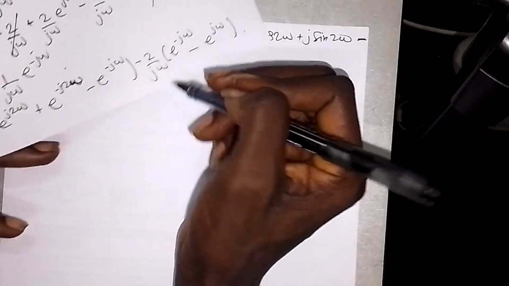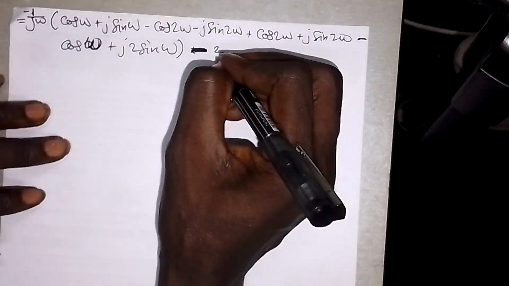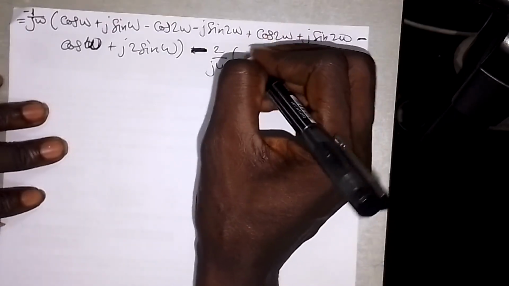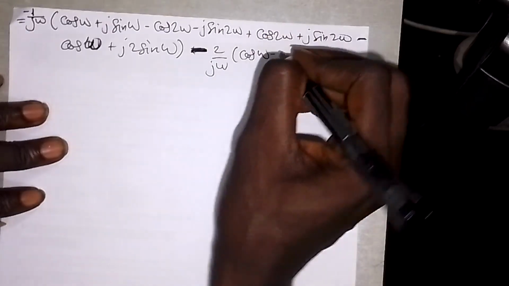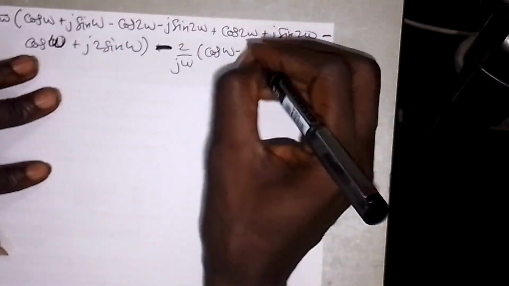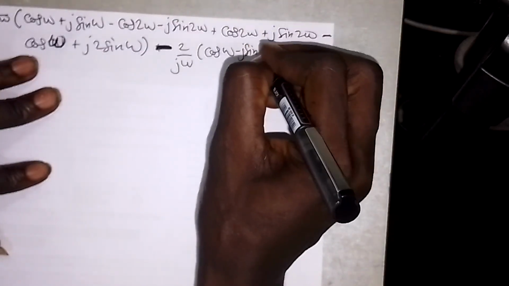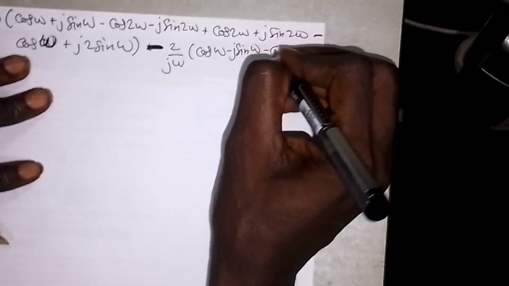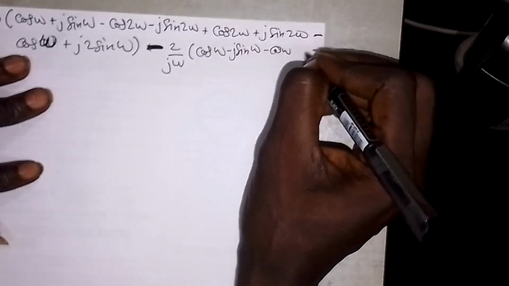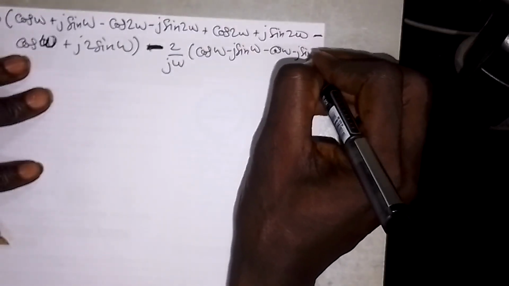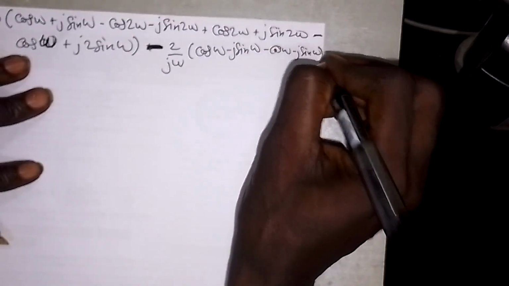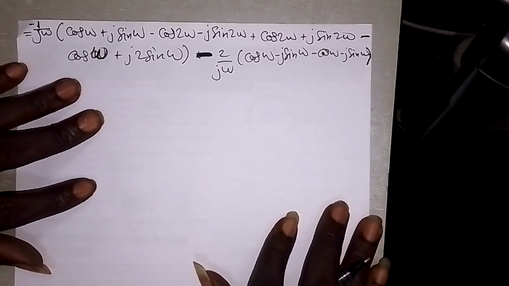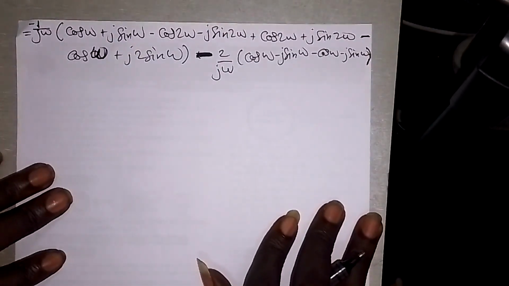So minus 2 on j omega into cos omega minus j sine omega, minus cos omega minus j sine omega. Okay, so this is what we are actually going to have with the expansion.